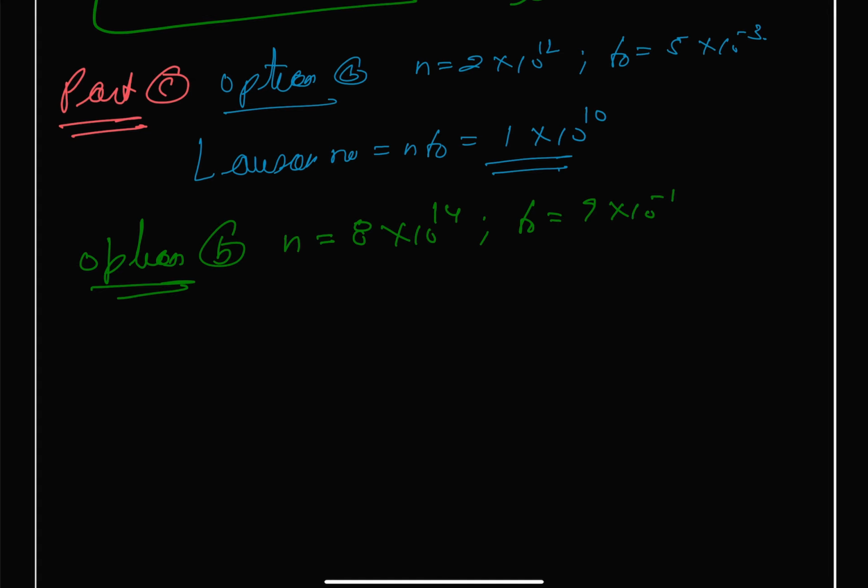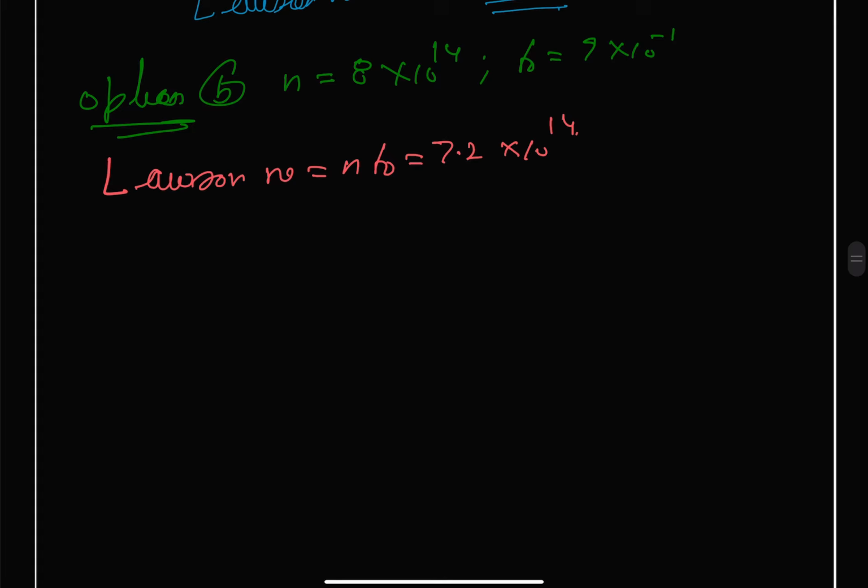So once again our Lawson number will be equal to n times τ, giving us 72, that is 7.2 × 10^14.